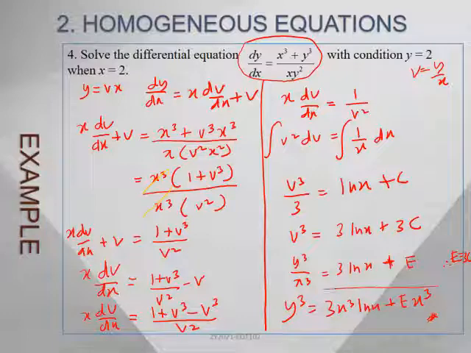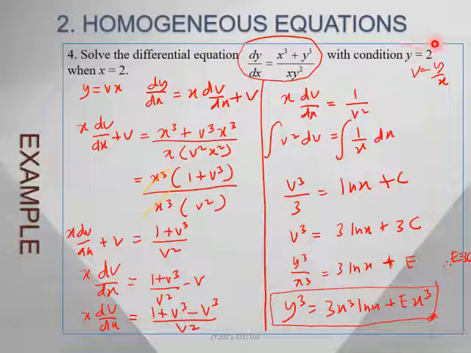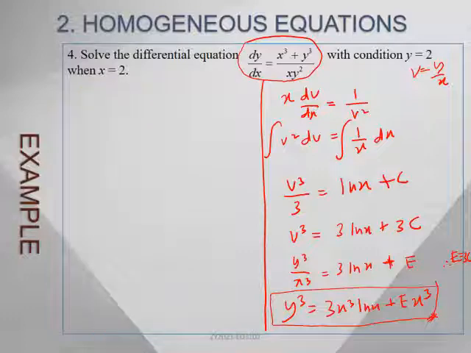So this is called a general solution, but it's given a condition here where y equals 2 when x equals 2. So we need to substitute the values for x and y here, and then we can have a particular solution. So x is equal to 2, y is equal to 2.